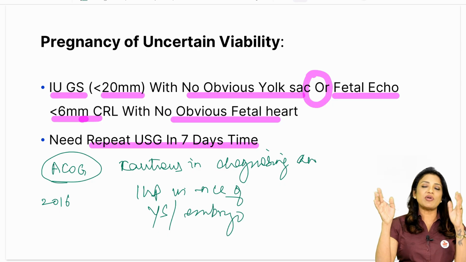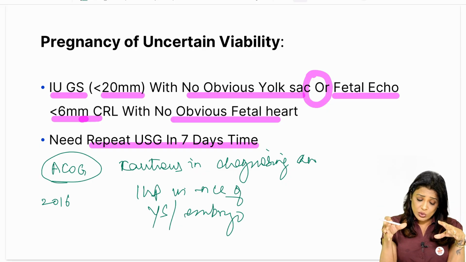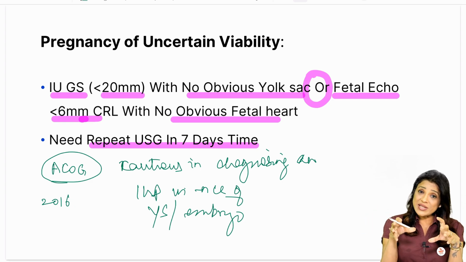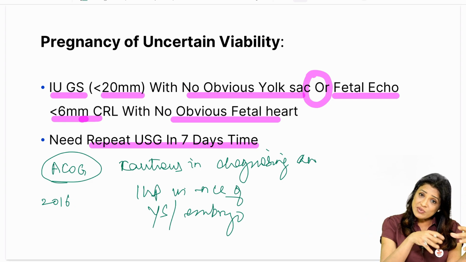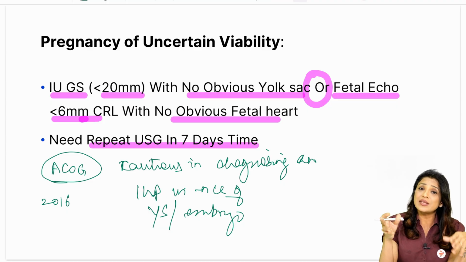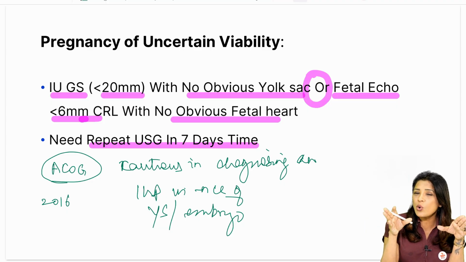So basically what they're trying to say is that if you are not seeing anything, even though the gestational period is around 6 weeks, the CRL you can see the fetal pole is 6 millimeters, still the fetal pole is not there. Maybe you are not seeing a right pregnancy, it may be an ectopic pregnancy, and you are assuming that it's an intrauterine pregnancy, or there is a sac but no yolk sac. So you have to be very cautious.